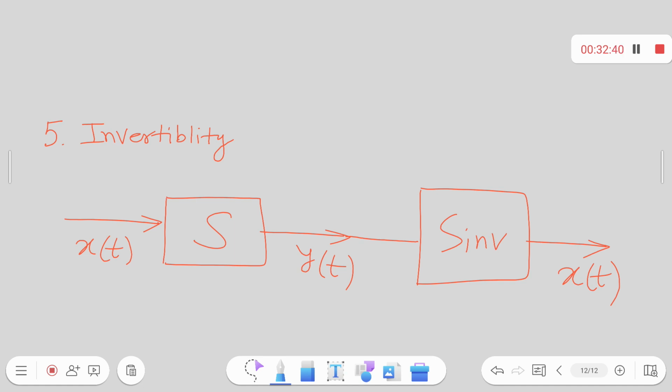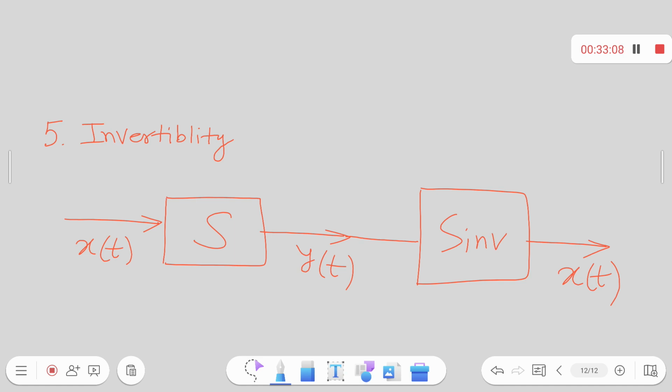So you have got some system for which your input is x of t, output is y of t. Now suppose I would like to perform the reverse operation by means of a system which can give me x of t when excited with y of t.